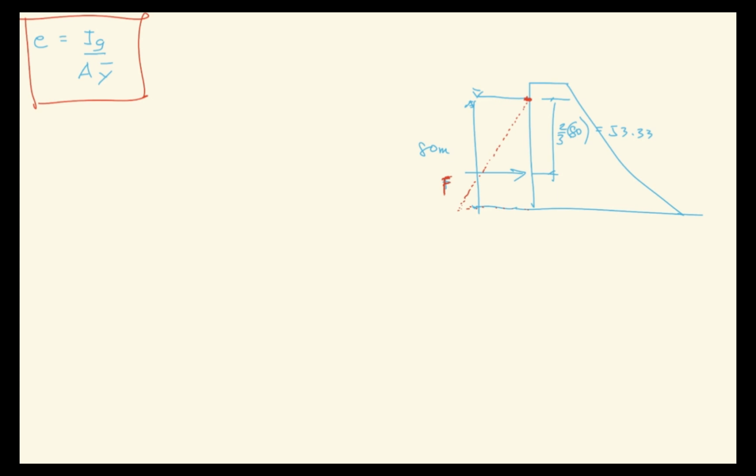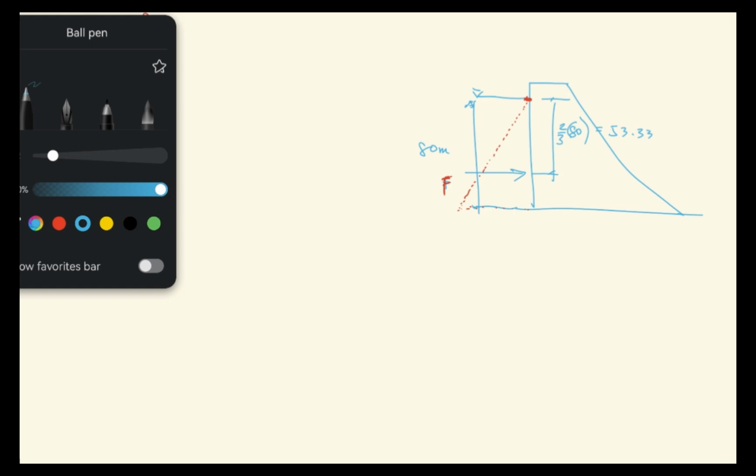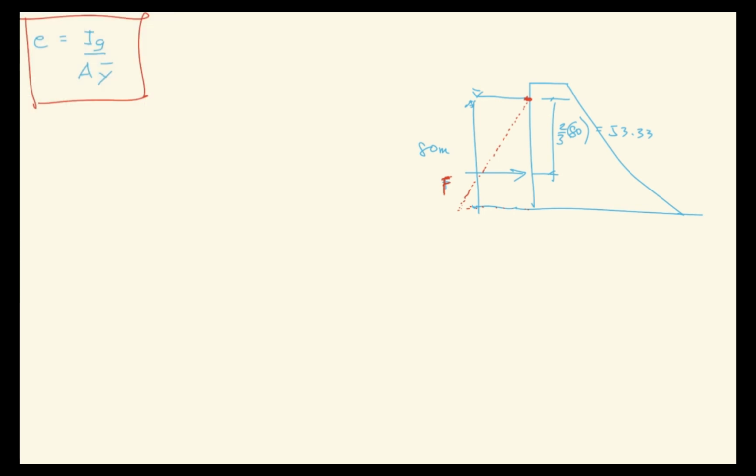Now we are to check the validity or applicability of this formula in relation to this situation, in which we have a vertical cross section in which the hydrostatic force is acting on. Okay. So if we are to apply this E in this vertical plane, we have to note that Y bar is equal to H bar.